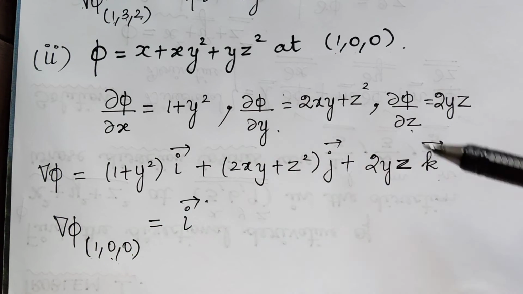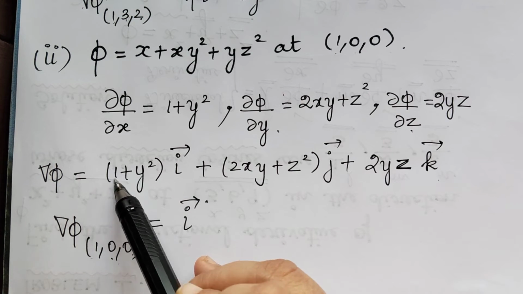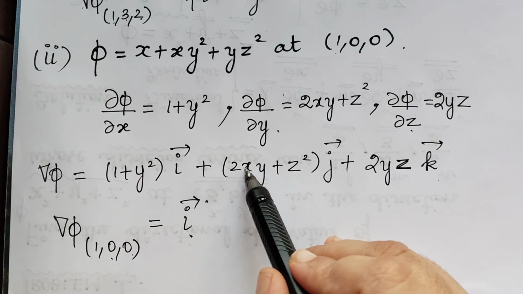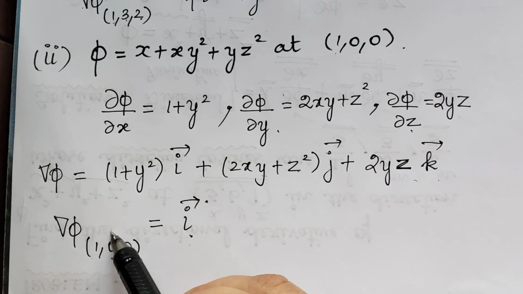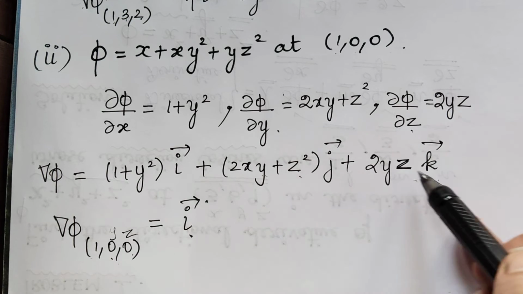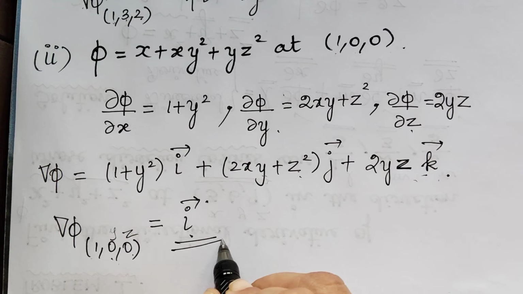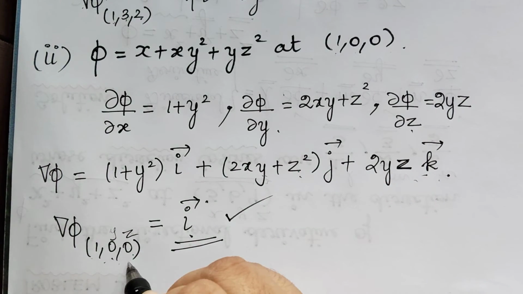So when we do so, we see that when we substitute y as 0, this 1 alone stays and we will have only i vector. Whereas whenever we substitute x, y, z over here, they completely become 0 as the value of y and z is 0. So we can see that they turn out to be 0 completely, and therefore the final answer is i vector. So this is the value of nabla phi at the point (1, 0, 0).